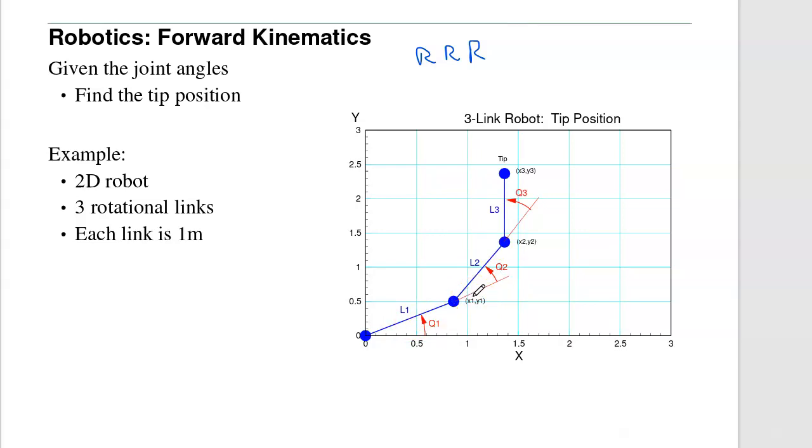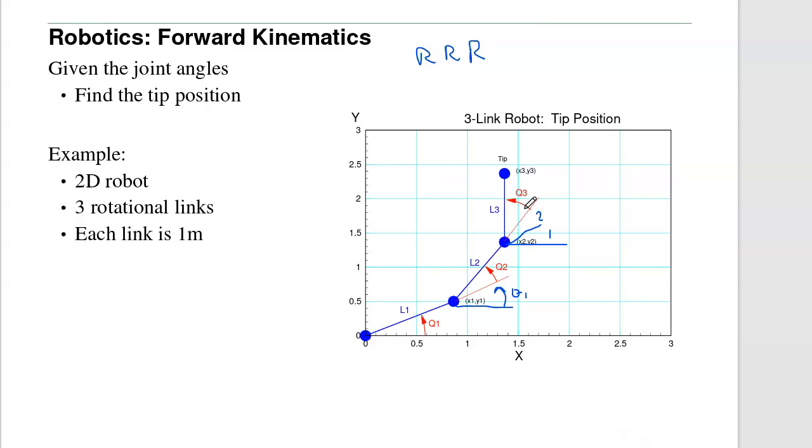If I have my arm at 90 degrees and move my shoulder, if I leave my elbow stiff, the net angle depends upon the angle of the shoulder plus the angle of the elbow. So the total angle for the second link is theta 1 plus theta 2. The total angle for the third link is theta 1 plus theta 2 plus theta 3. That's kind of the standard in robotics.